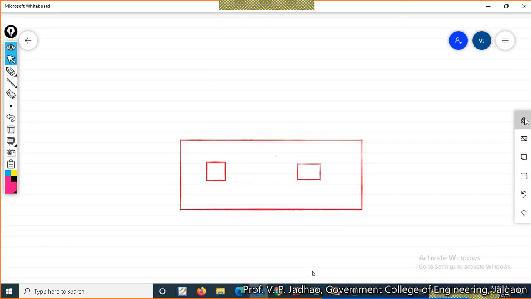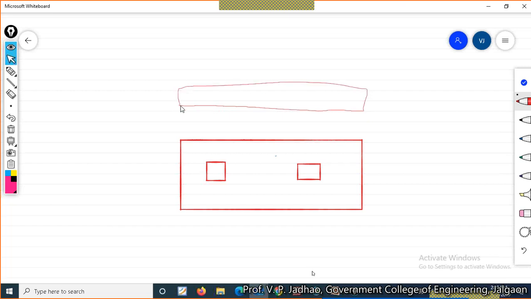In plan, if we see, sorry, in elevation it will be something like this. It will be your footing base, something like this, and this column C1 will be here.